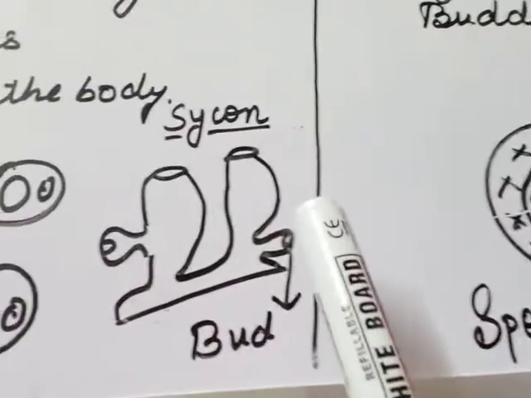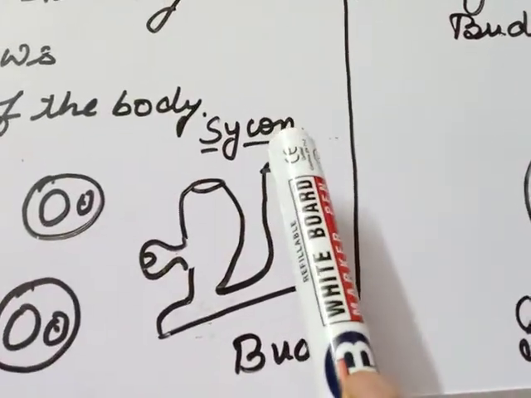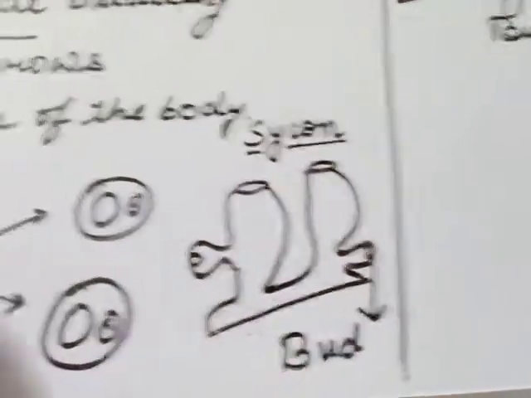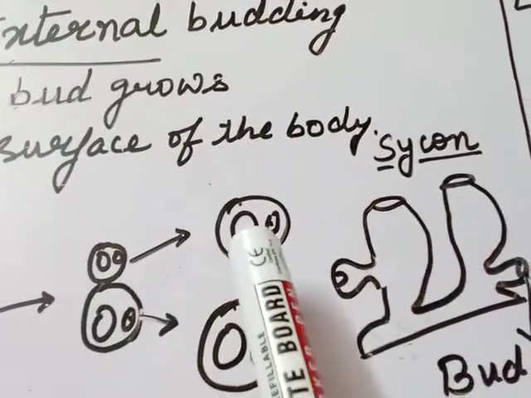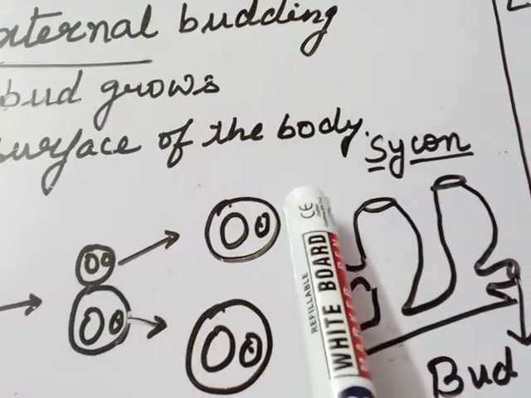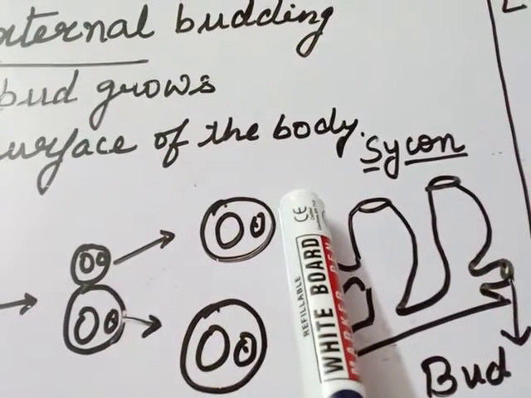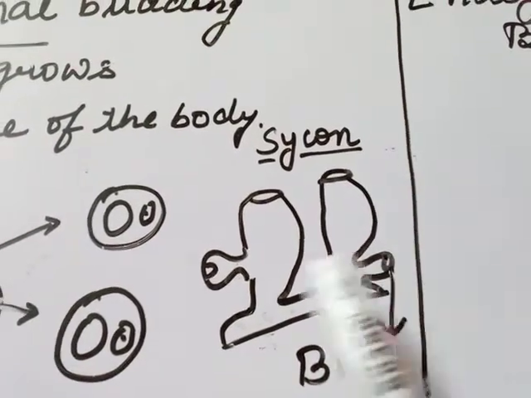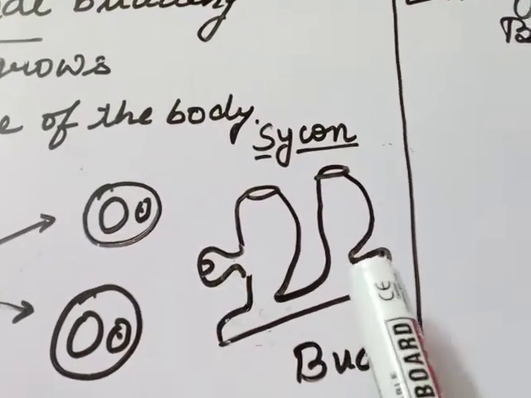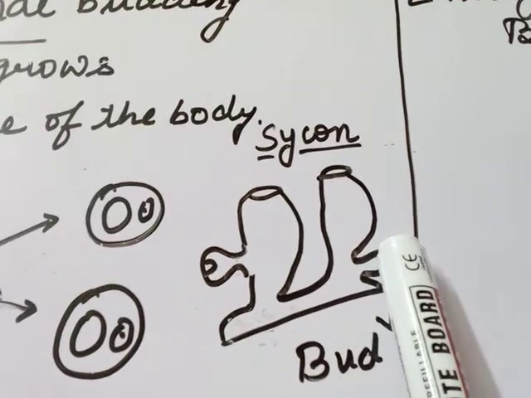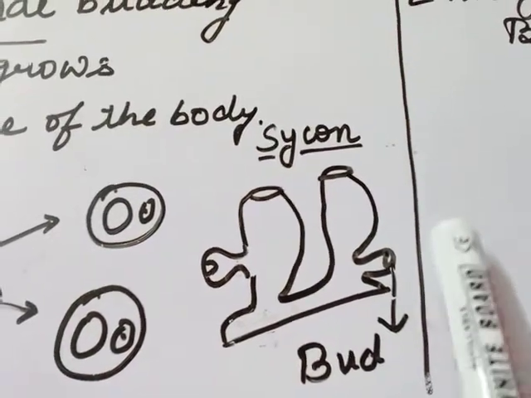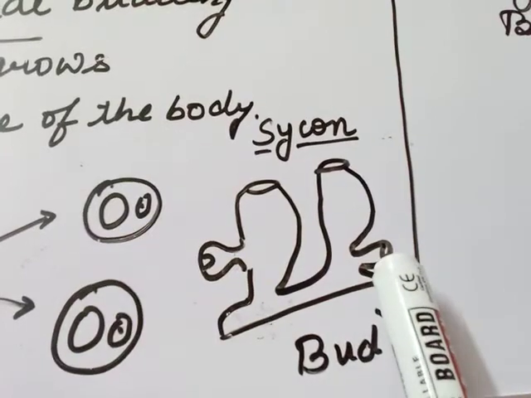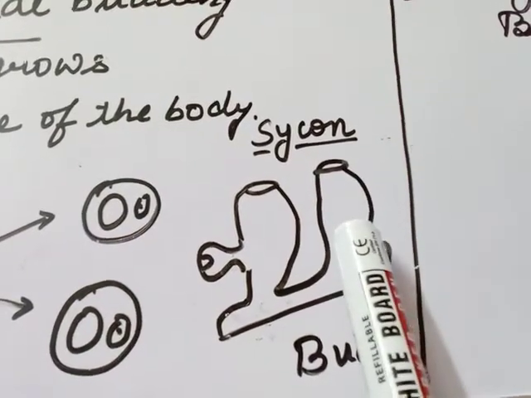Now, one more example is of cycon. In cycon, there is a formation of a growth. In yeast and hydra, the buds detach from the body of the parent. But in case of cycon, small buds are formed and these buds later result in the formation of a daughter individual, but these individuals are attached to the parent body.